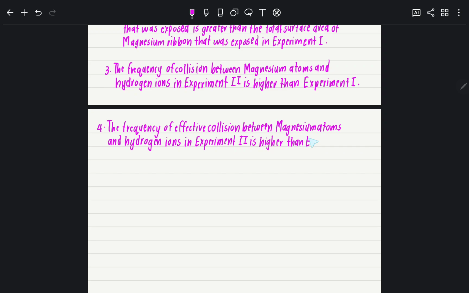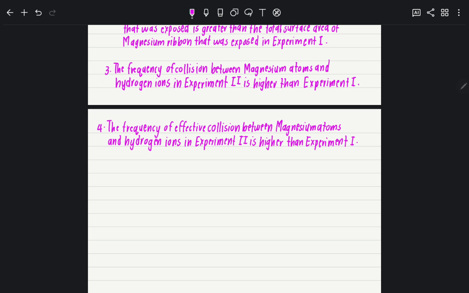That's all. That is how this sentence works. It's just the same as frequency of collision, you just add effective collision. There's no difference. Compared to experiment 1.